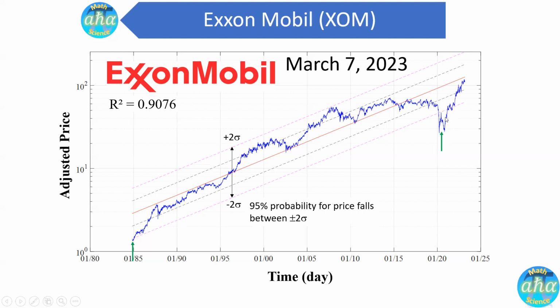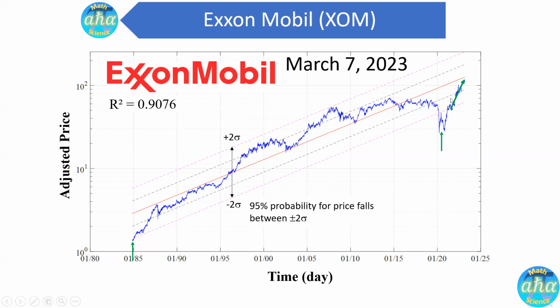This was a great opportunity to buy these shares for a long-term holder. Even counting the rebound from the negative 2 sigma line to the present time, that rebound is still very sharp, with a very huge slope in a very short amount of time.